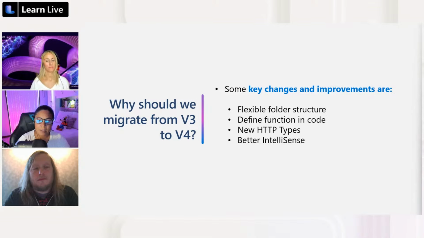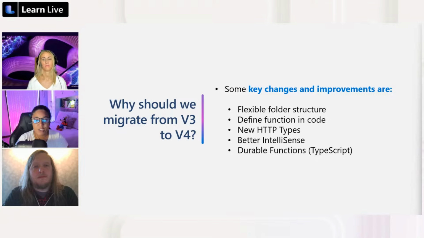There are also some improvements for Durable Functions. In the v3 model, you need to use the durable-functions package in addition to @azure/functions to write durable functions, while in the v4 model you don't. Anyway, there are a lot of improvements and significant changes that can help developers migrate from the v3 programming model to v4.